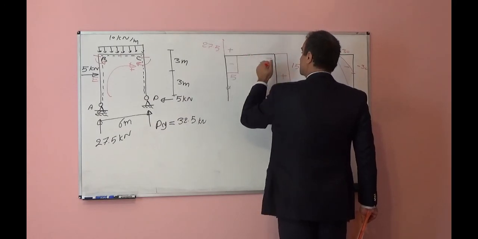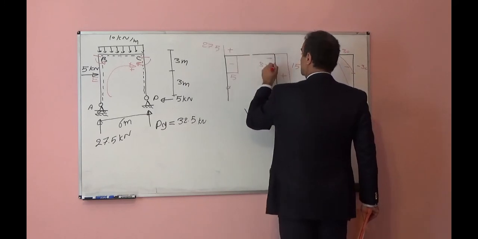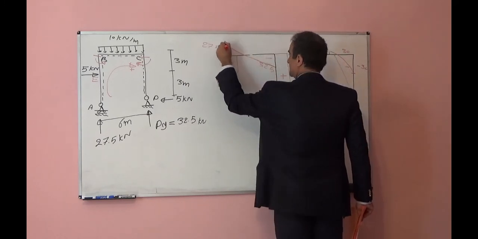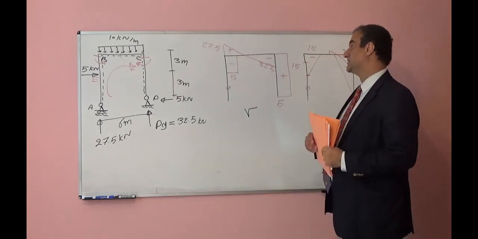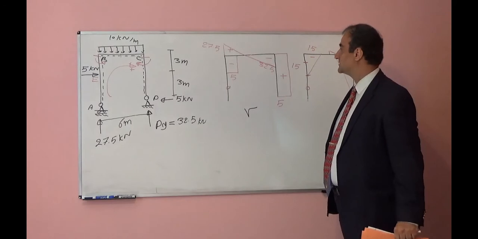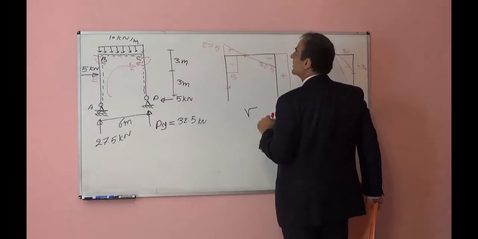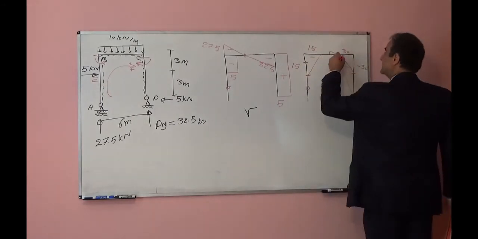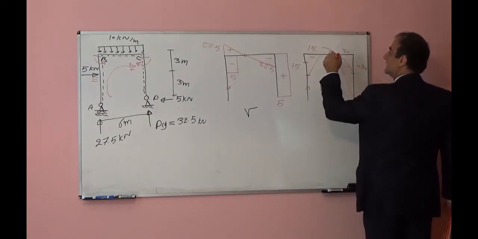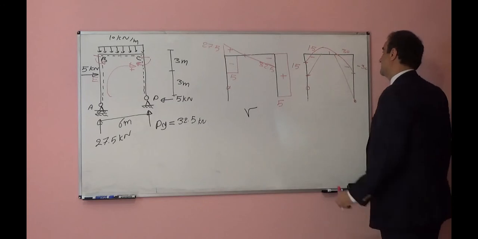If I draw by scale, it should be like this. So the shear will not be 0 at the middle because it is not symmetrical. It will be 0 something like here, you can find that. It will reach the maximum value there, and then it comes back here to the negative 15.